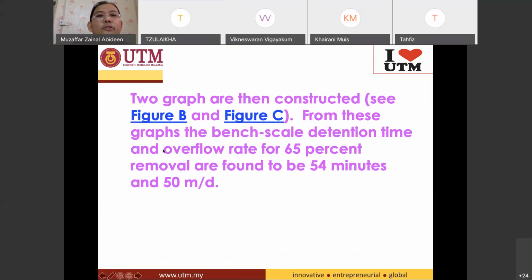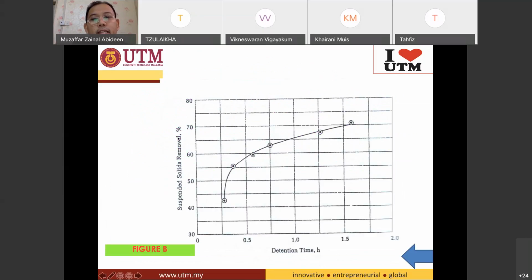So they actually have already drawn the diagram for you. If you refer to figure B, this is a plot for the RT against H, the one that I've also drawn in the Excel. If you're not mistaken, this is 0.58 hour, which is equivalent to 35 minutes. Our first data, the removal is 60%. And that point is 0.75 hour, corresponding to 63% removal.